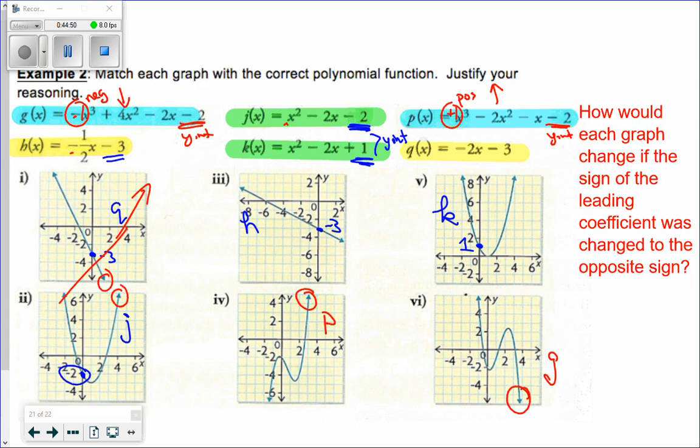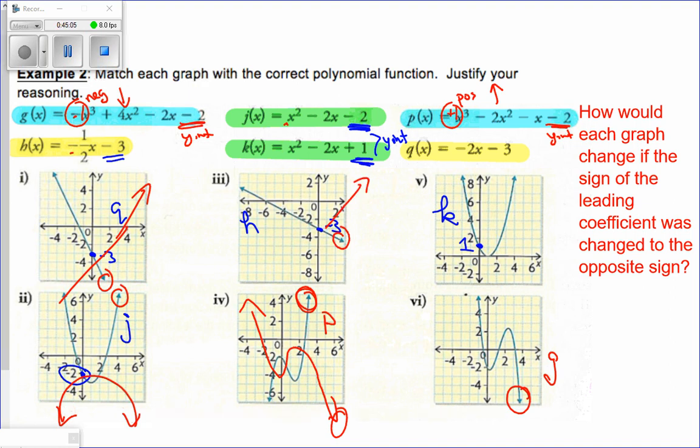This one, instead of going up, it's going to go down. This one, instead of going up, whatever it looks like, it's going to go down. This one, instead of going down, is going to go up. It's just going to flip it. It's just going to reverse the direction of the end.